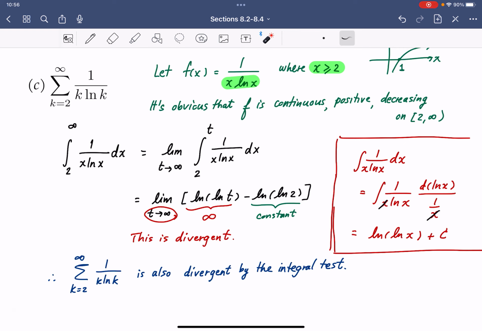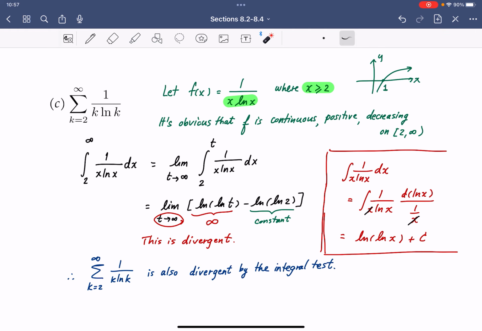Another one is 1 over k to the p, which is also easy to integrate. If you see 1 over k squared or 1 over k to the 4th power, we can just make a formula for 1 over k to the something. If you apply the integral test to that, the result is on the next slide. It's called the p series.